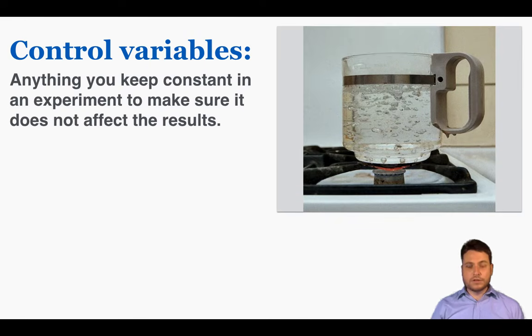Because if we also use different temperatures, then we don't know whether it's the temperature or the amount of water that's affecting how long it takes to completely evaporate. So we would want to keep the temperature completely the same. You may also know that water boils at different temperatures at different altitudes, so we'd want to make sure that we're testing the water at the same physical height above sea level. So those would be two control variables for that experiment.